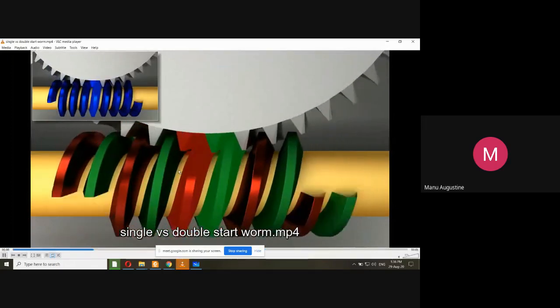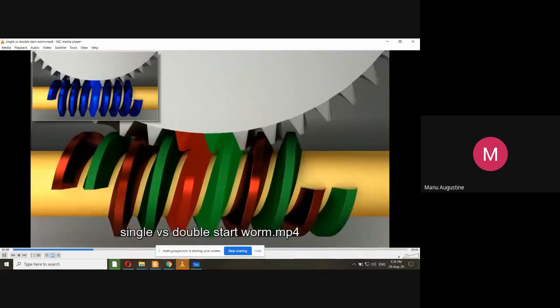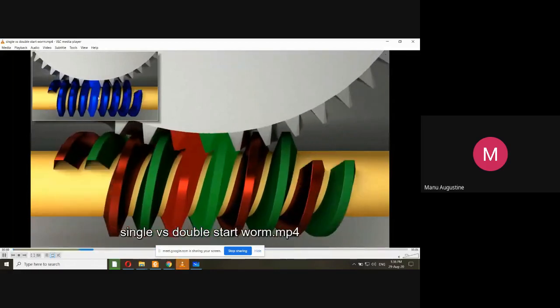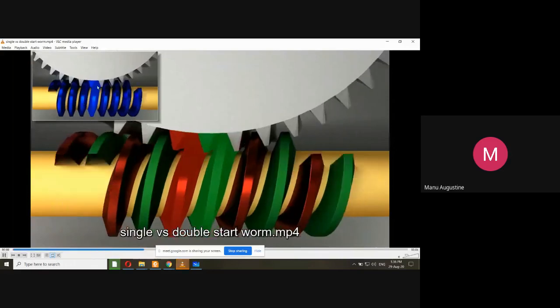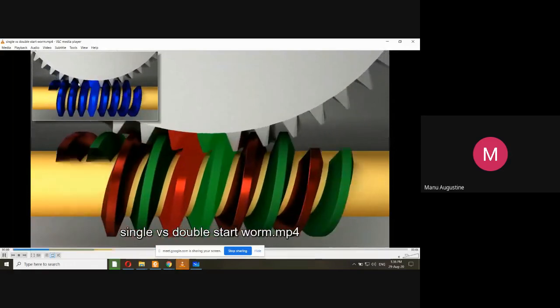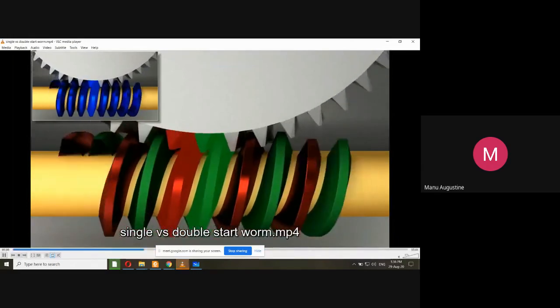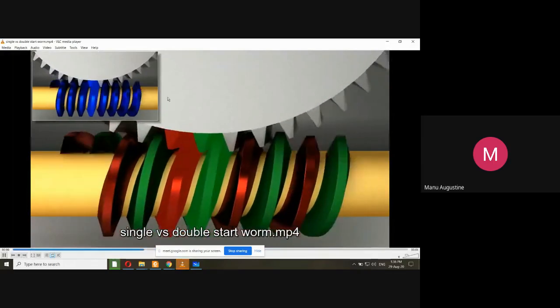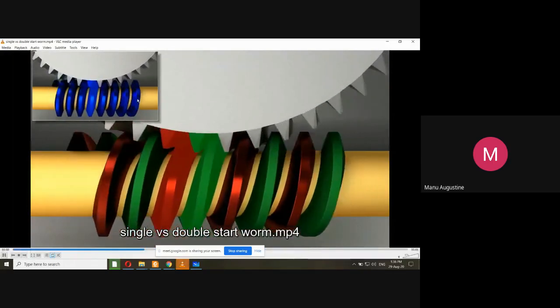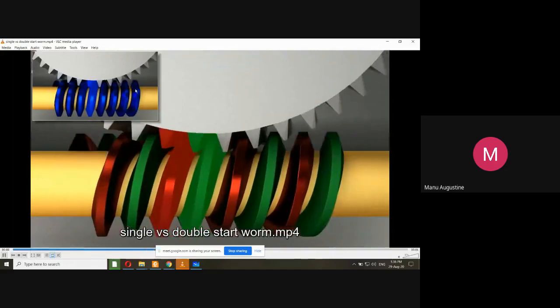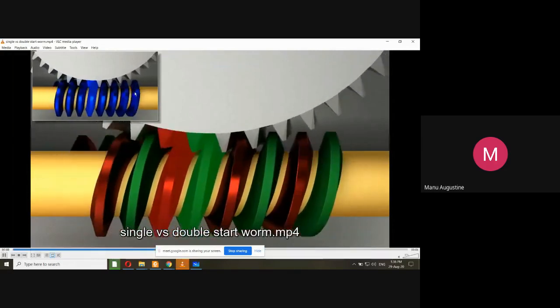What is the difference between a single start worm and a double start worm? You see in this video, for every single rotation of the worm, only one tooth of the worm gear is moving. Did you see that? You can look at this part where the complete rotation is being noted, or you can look at this part, when it comes up, you say one revolution is complete.